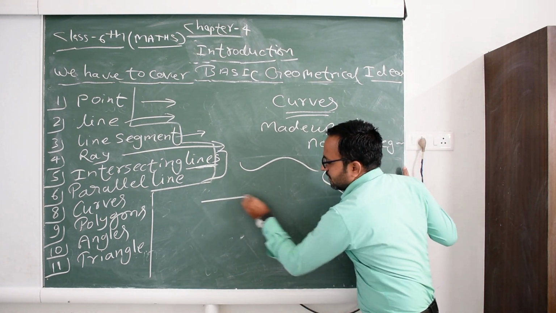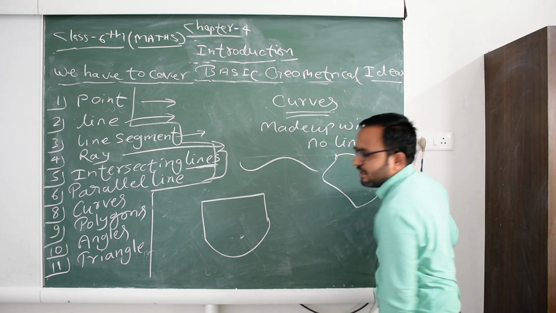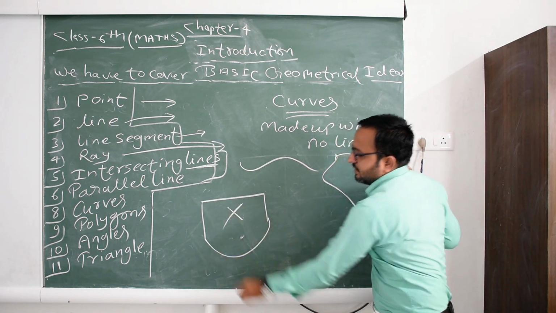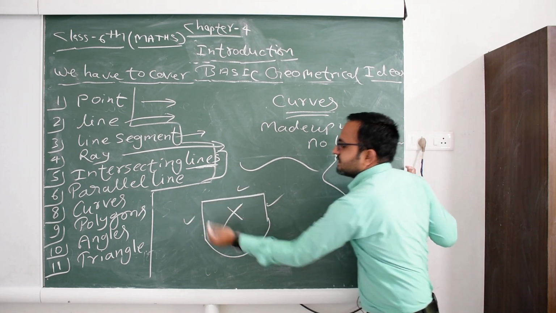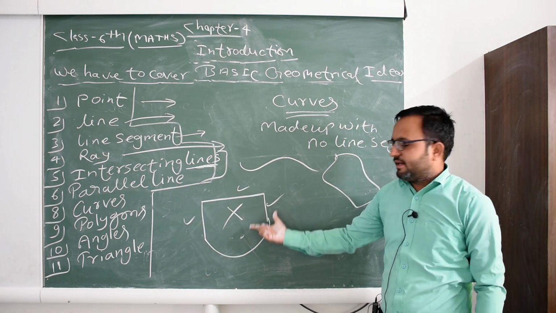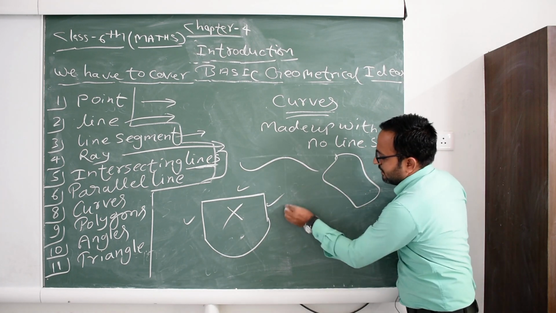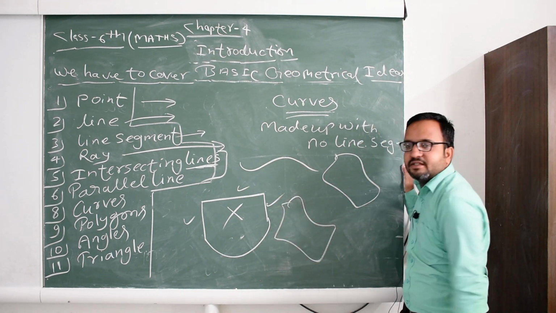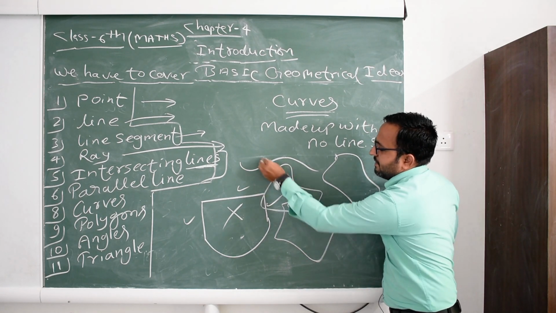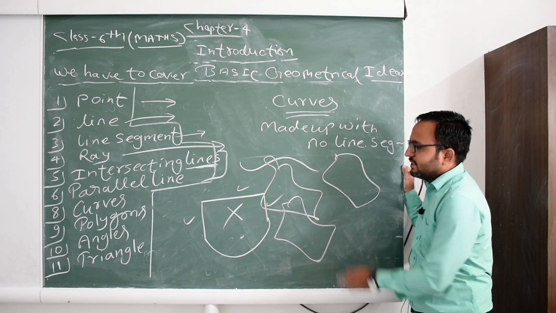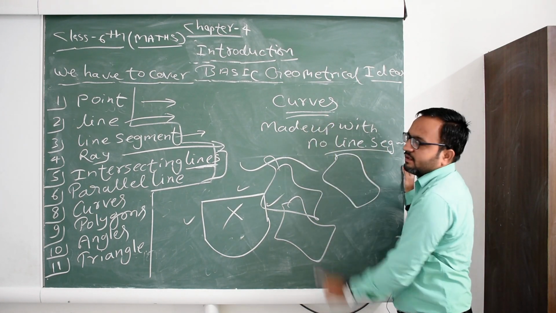We never include any line segment. So this is not a curve because we have 1, 2 and 3 as line segments. With the help of a pencil, we draw any type of diagram without including any line segment, and we call it a curve.